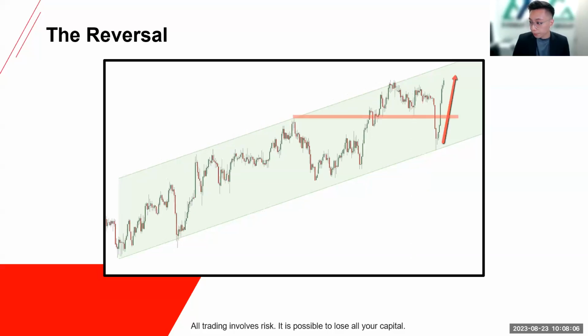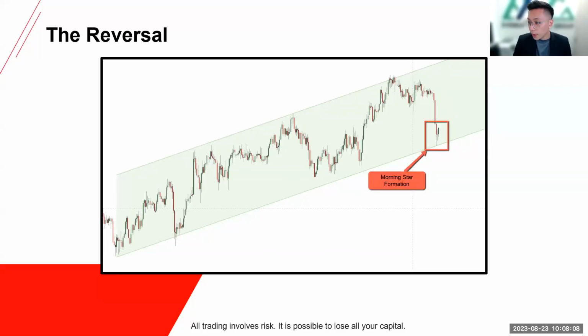Okay, so the reason why there was a reversal from this point onwards, firstly, was because it has already touched the end of a channel, the support of the channel, and there was a morning star formation. Dojis and morning stars are signs of reversals for candlestick patterns.